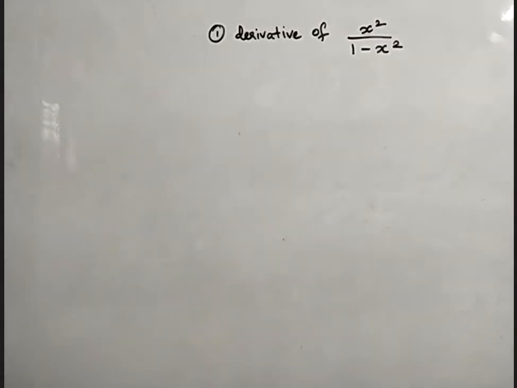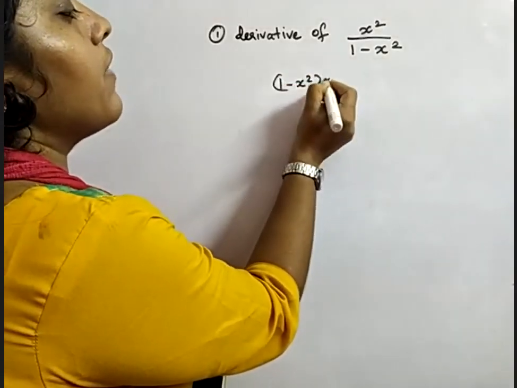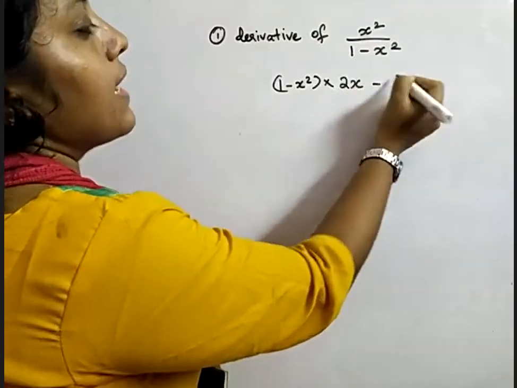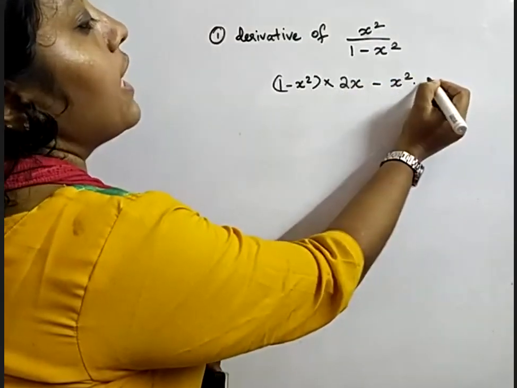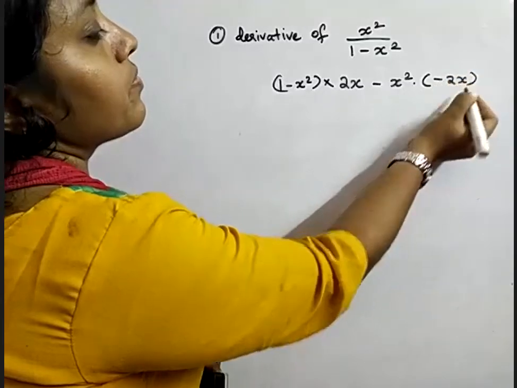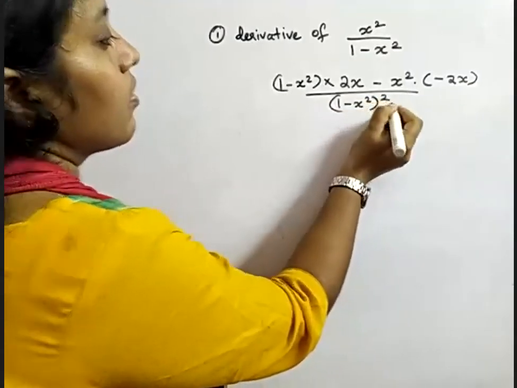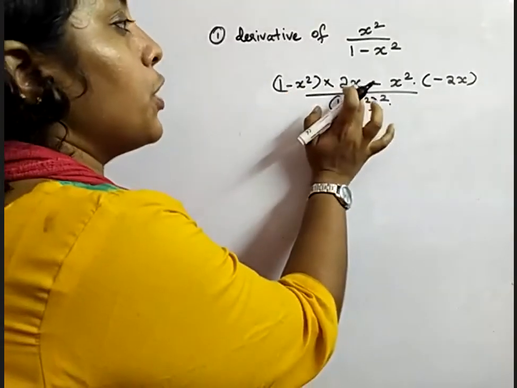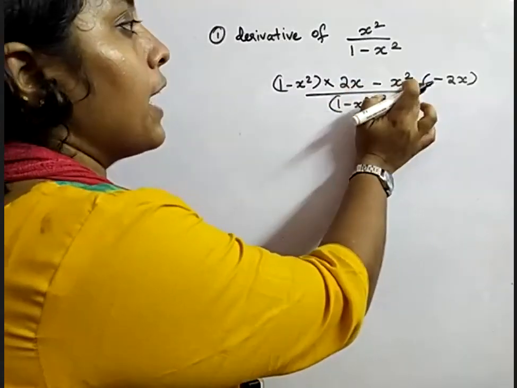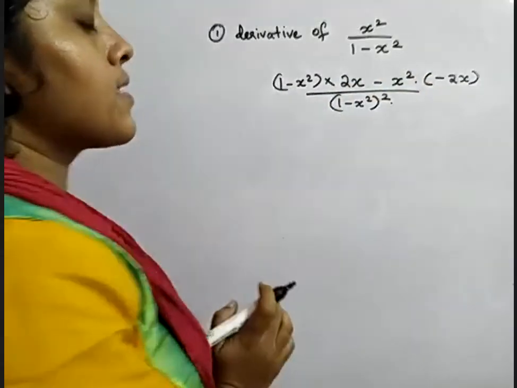So we can apply the quotient rule here, right? Denominator into the derivative of the numerator minus numerator into the derivative of the denominator, by denominator square.